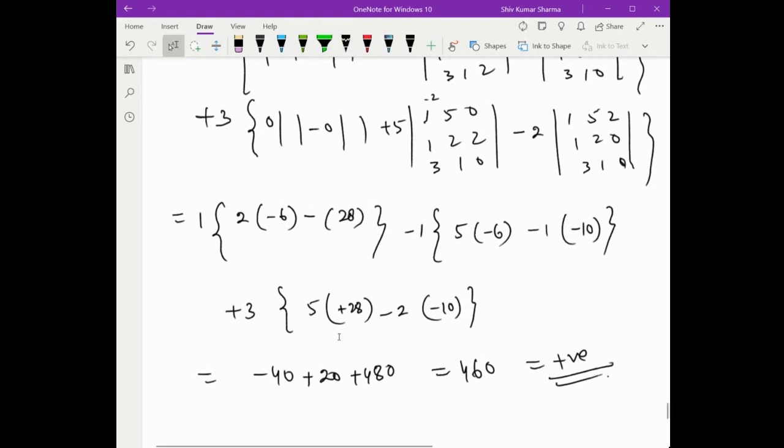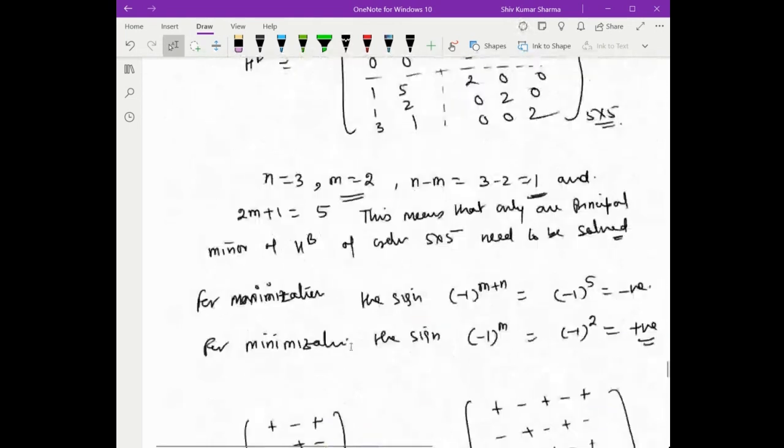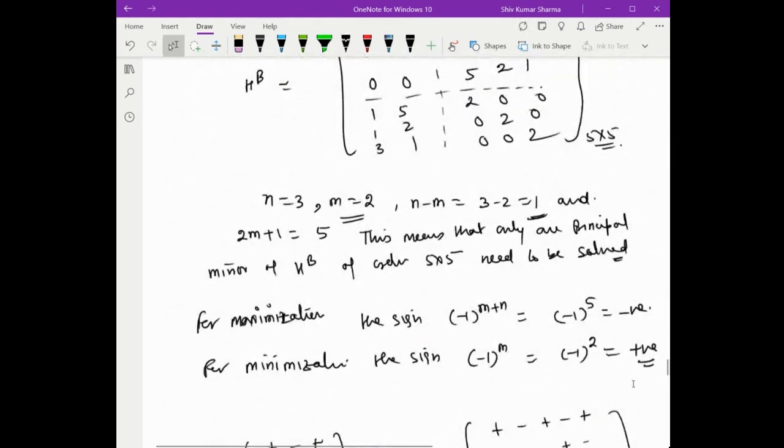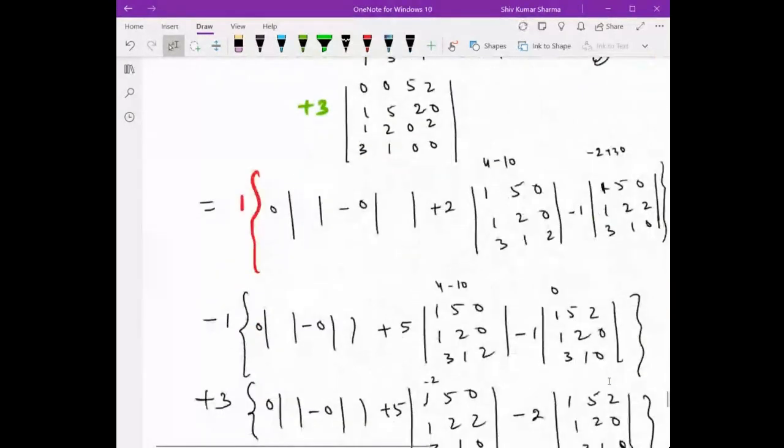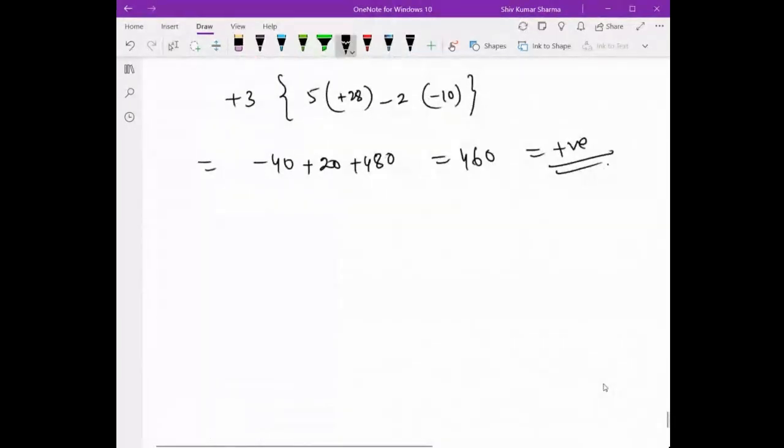Positive means minimum. We write the symbol on the basis of the sign; positive means minimization of the objective function. So the value of the determinant is positive.